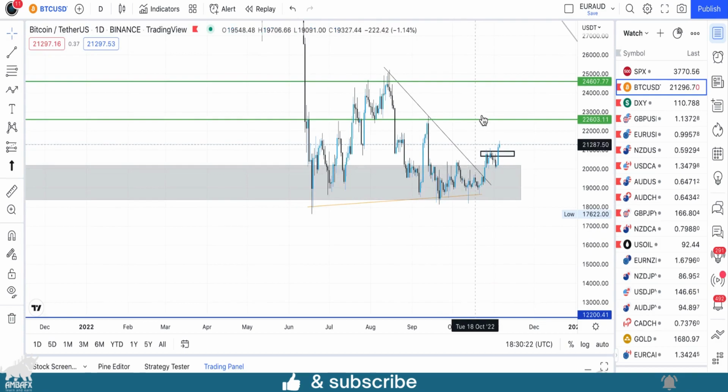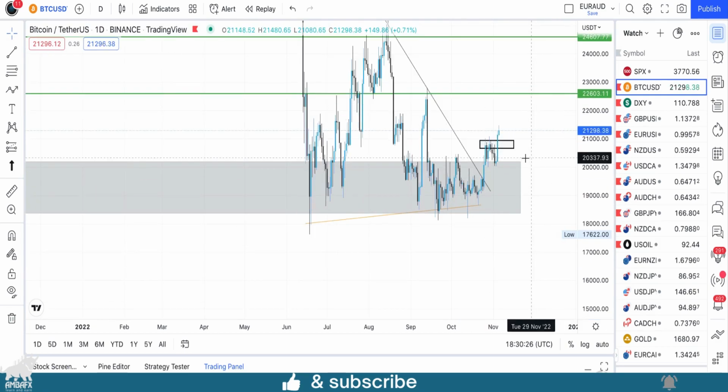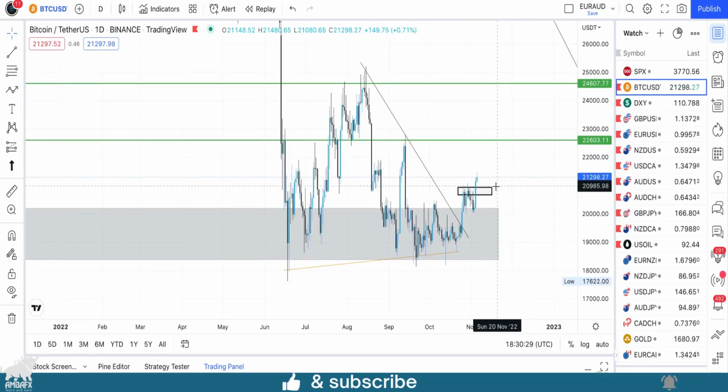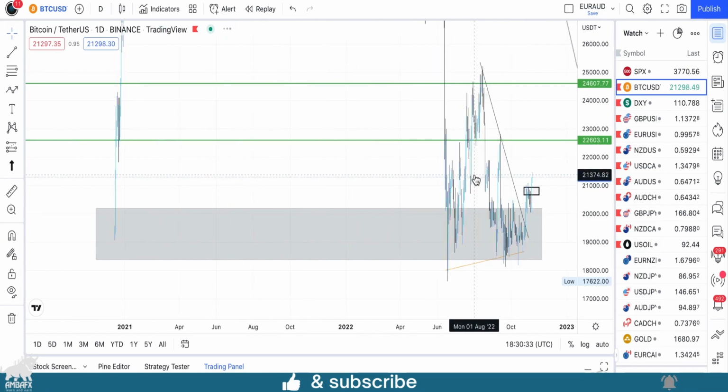For now it's going up, so we have broken the 21,000 level. That is the resistance level at 21k. We broke it.